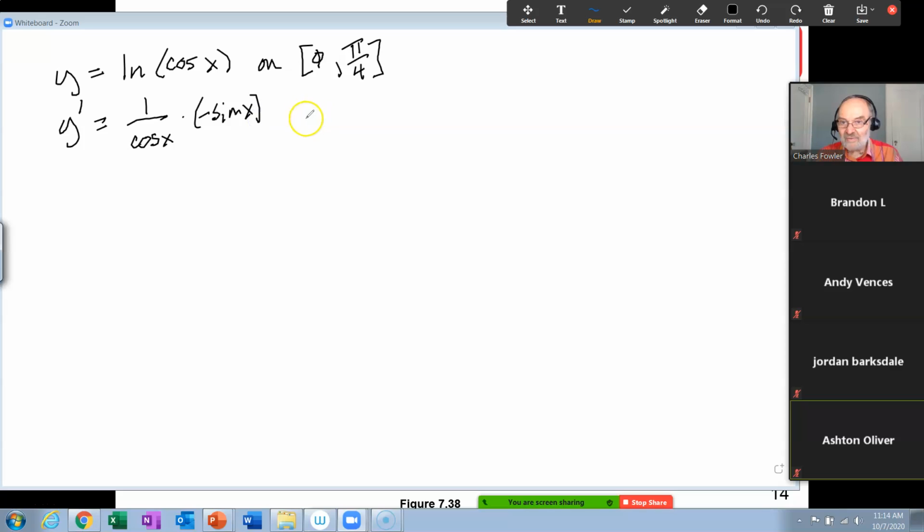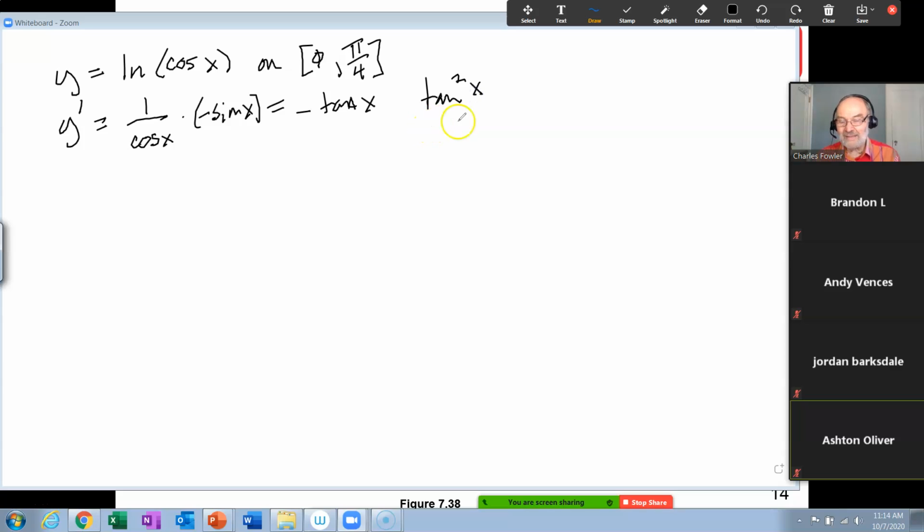Okay, and if you look very carefully at that, that becomes negative tangent x. Okay, the pen's not writing too well. Okay, now what do we do with that? We square it. When we square it, we get tangent squared x.